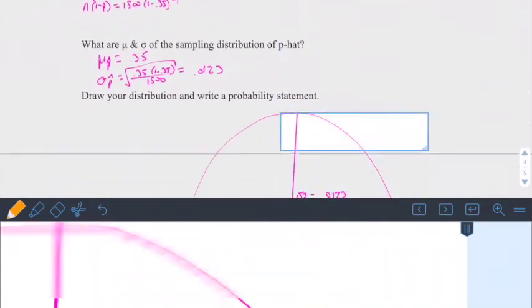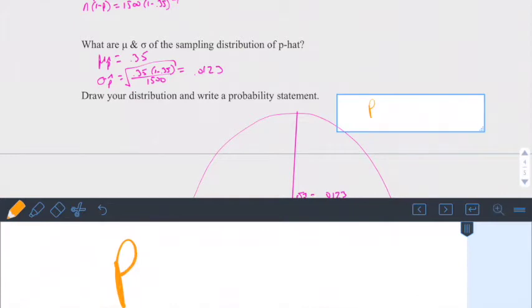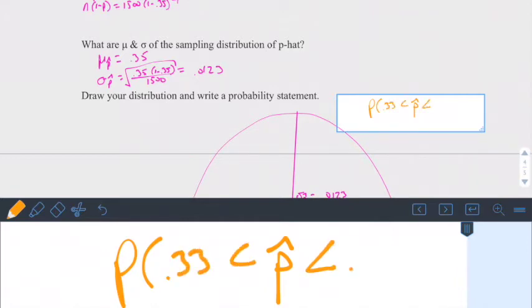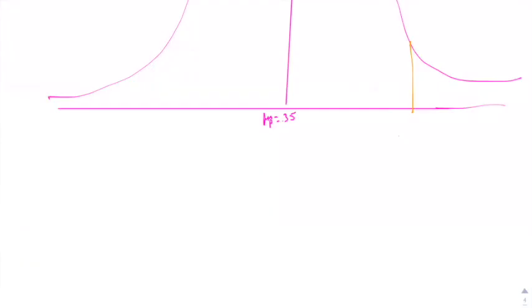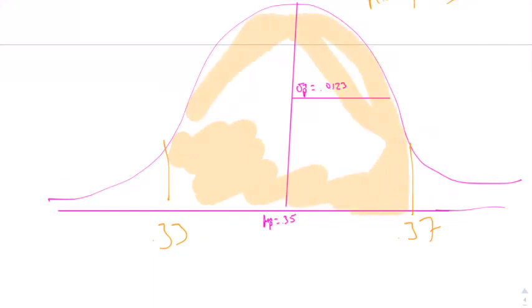So we're looking for the probability that the sample p hat is between 0.33 and 0.37. That's 2 percentage points above and below. So we will have p hat at 0.37 and 0.33. So we're looking for this area, and we can find that.